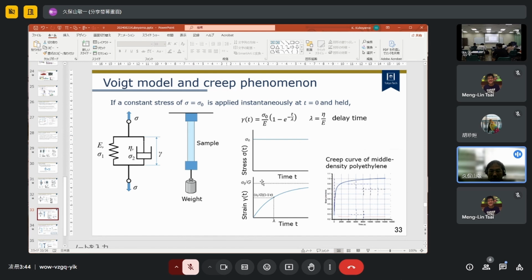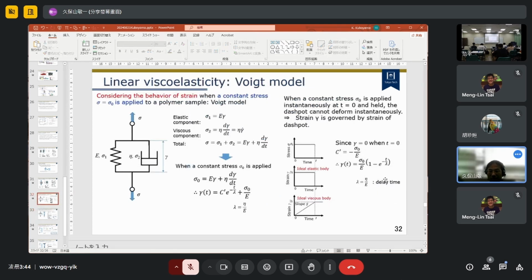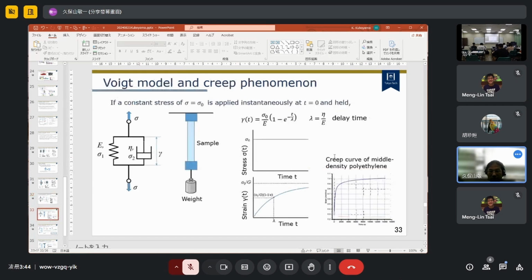So you can easily imagine that when you apply the constant stress to the sample, the polymer film can elongate gradually like this. This behavior can be fitted by using the equation we get from this calculation.